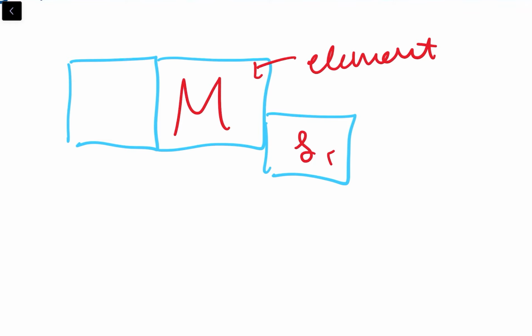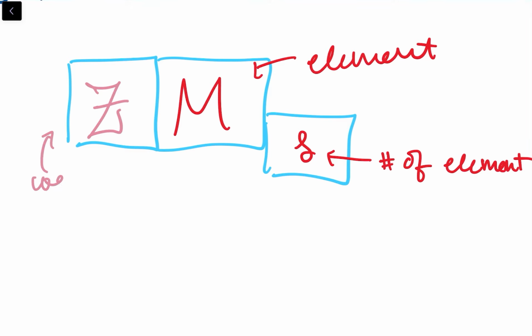Now S, once again, tells you the number of elements that you have. You also do not get to change this. But this right here, Z, is the coefficient. You can change the coefficient. So you can change the pink, but you cannot change the red.